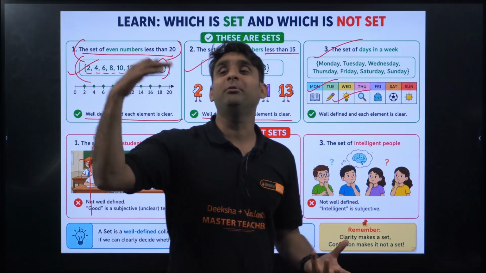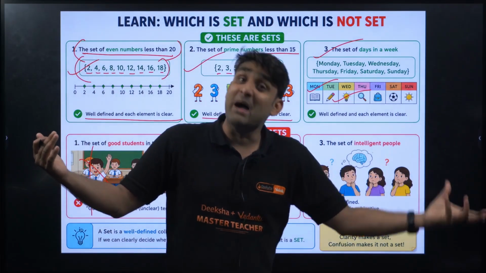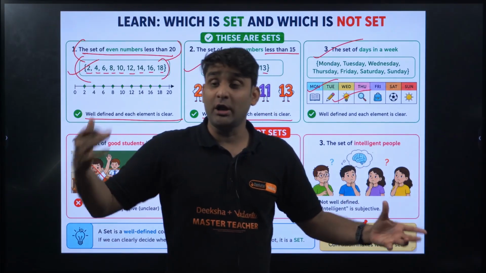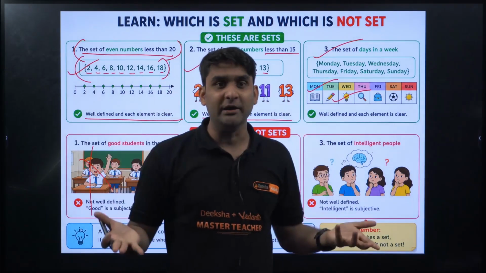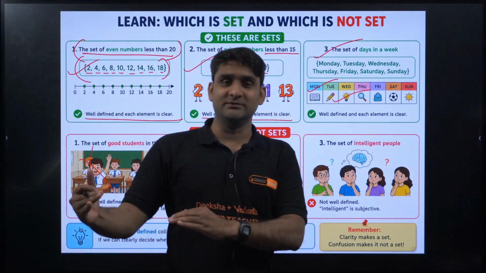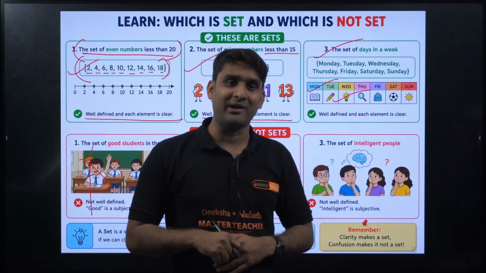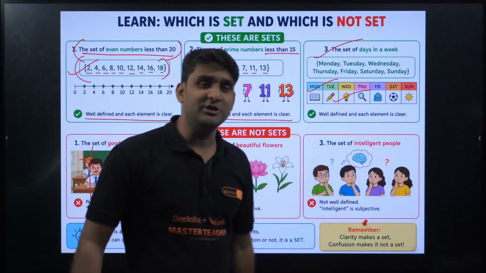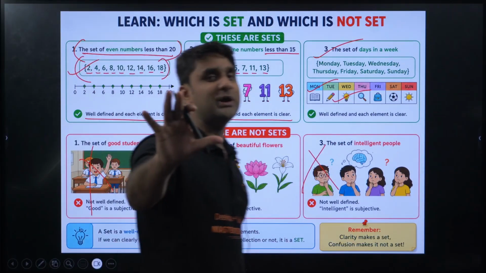Some people are good in maths and can solve even a lengthy multiplication in a fraction of a second in their mind. So the power of intelligence varies from one person to another. It depends on different parameters and criteria, right? So the set of intelligent people is not well defined, so it can't go in set form. I hope you guys are getting my point.